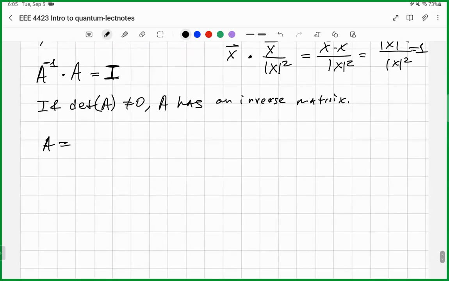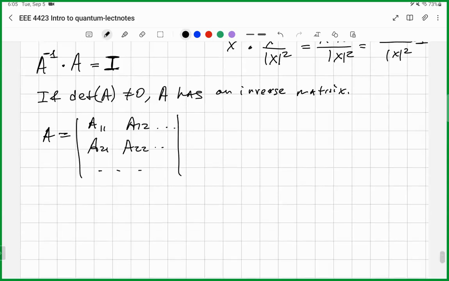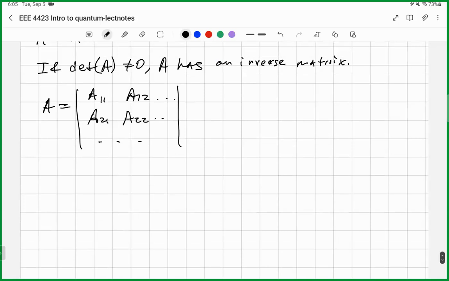So suppose we have this matrix A with components A11, A12, etc., A21, A22, etc., and so on. And by the way, the matrix also is supposed to be quadratic because of the properties of the determinant.